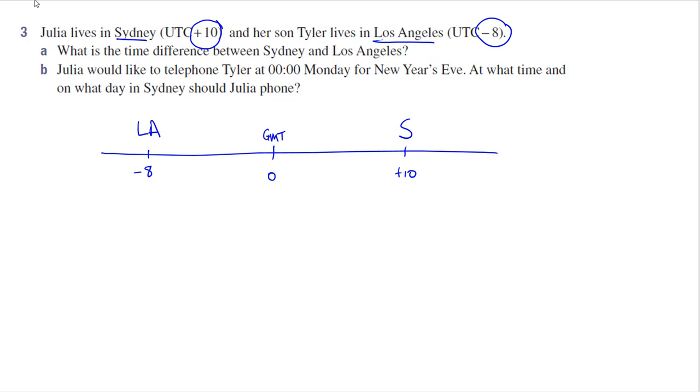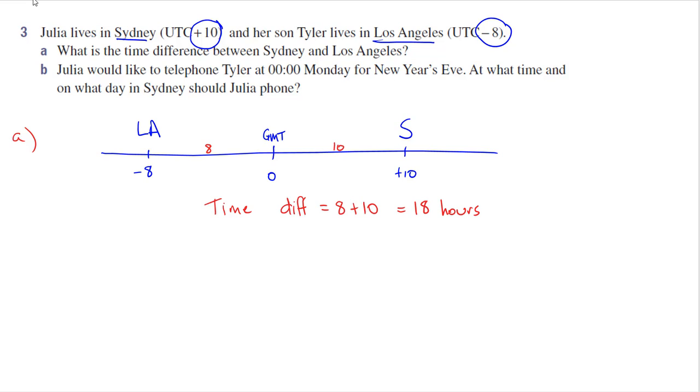And hopefully we want to work out the time difference for part A. The time difference, it's obviously 10 hours between here and here, and it's 8 hours between here and here, so that gives us a total time difference 8 plus 10, which is 18 hours difference.